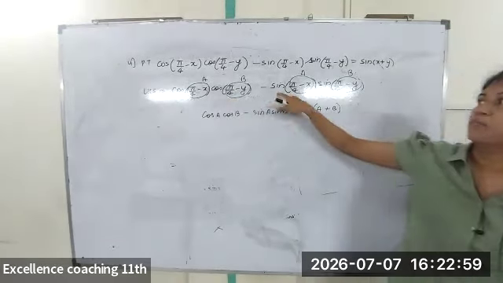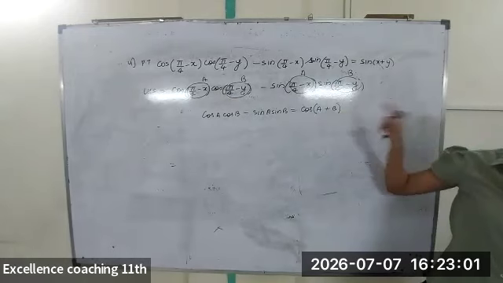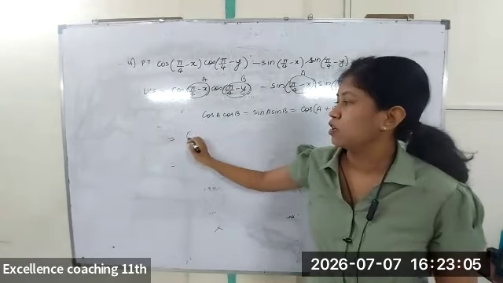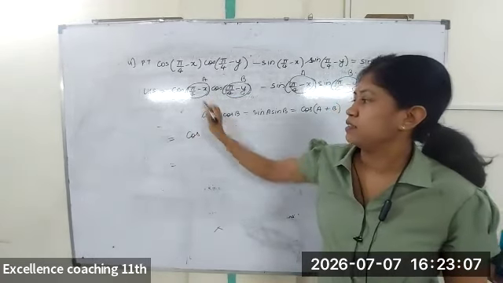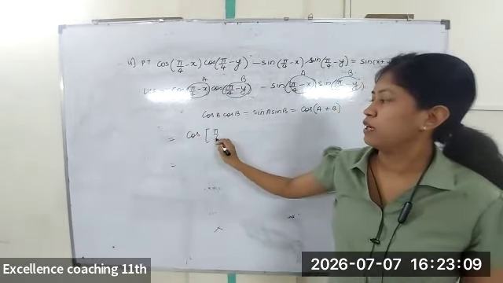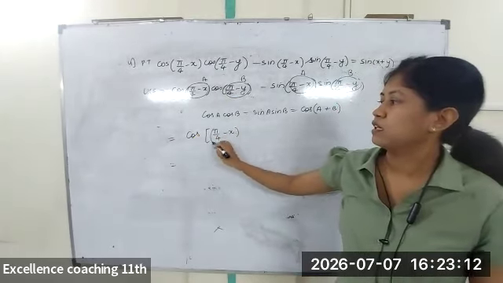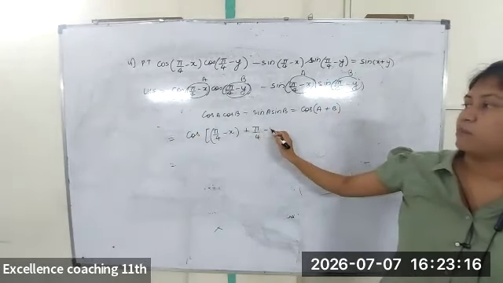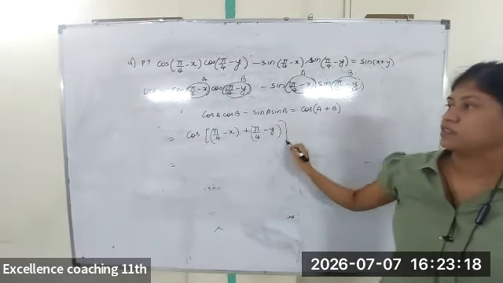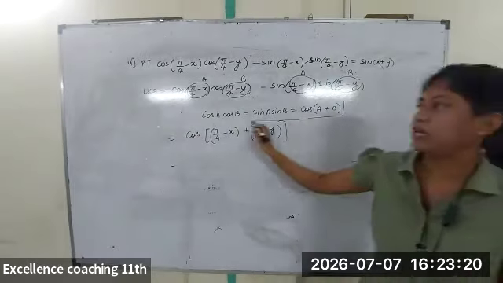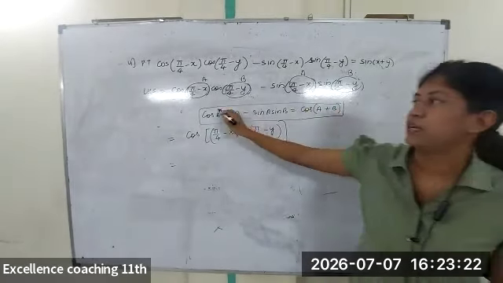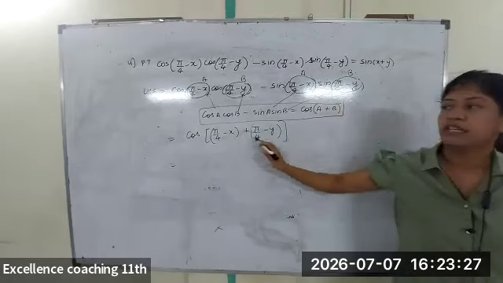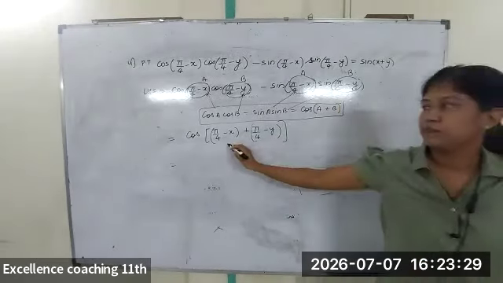So cos A, cos B minus sin A, sin B is cos of A plus B. Okay, that's it. So this answer will be cos of, who is there? A, pi by 4 minus x. B is pi by 4 minus 1. Reverse. So write this formula first and then compare. This is your A, this is your B. So I'm just writing cos of A plus B.